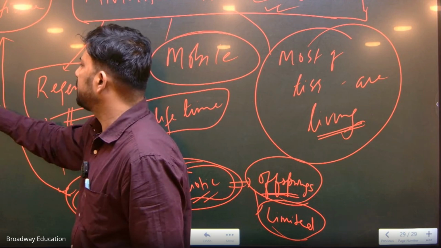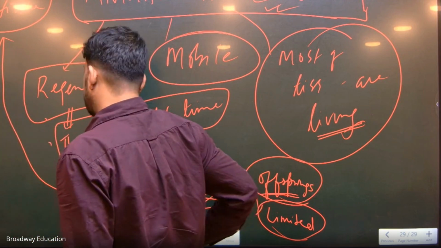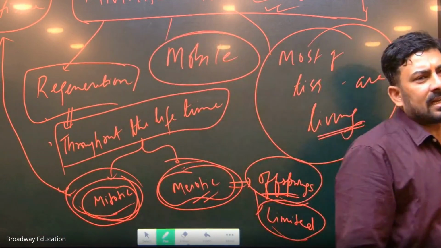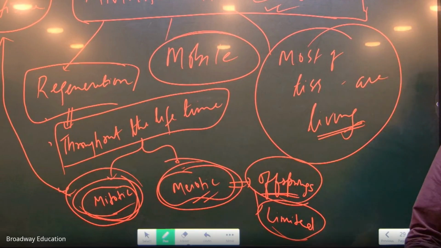Try to understand this point, okay? CNS and PNS. CNS is the central nervous system, which is what we were discussing. Like brain tissues and all, once they get damaged, brain or heart, right? They are not regenerated. That is what I was saying.